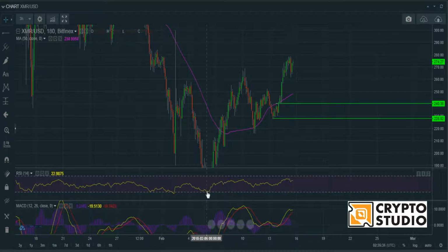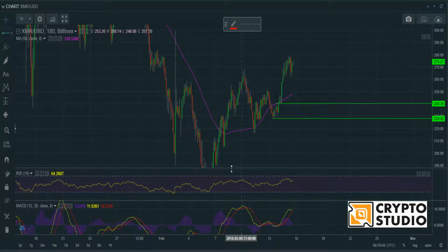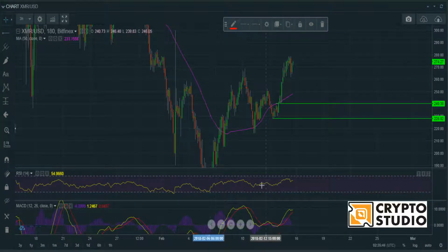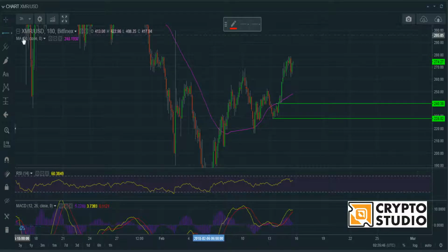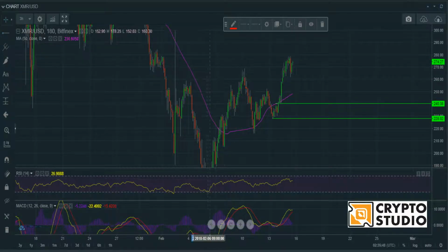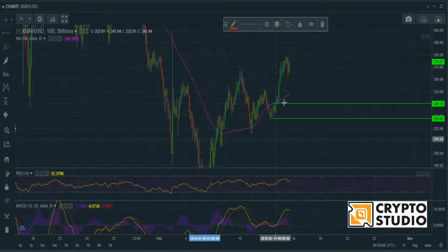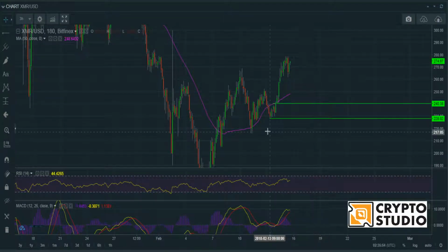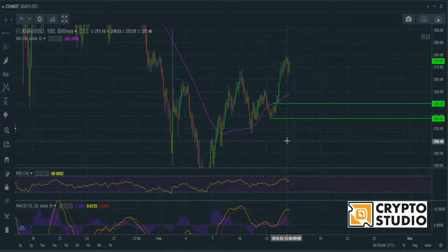So if I draw a straight line from here to here, you see that its direction will definitely be to the upside. So that means that it is an uptrend, and also the 50 moving average. If two of them won't do it, then the 50 moving average will do it also. So we have 3 indicators telling me that the trend on this time frame is to the upside.